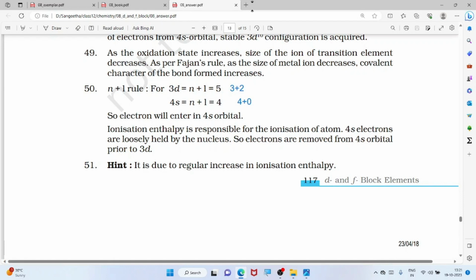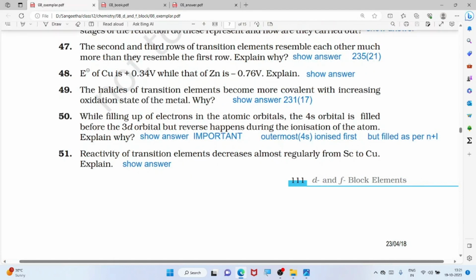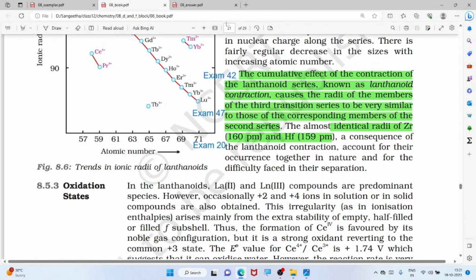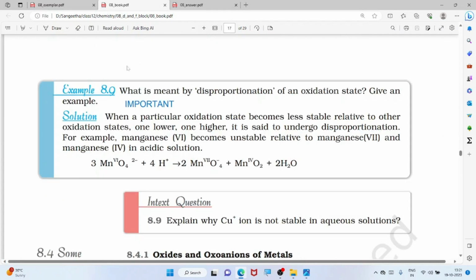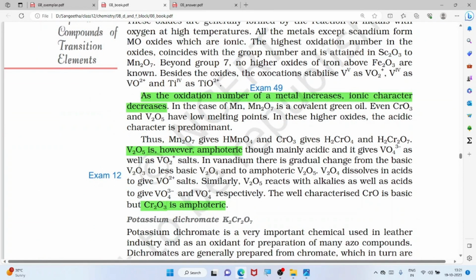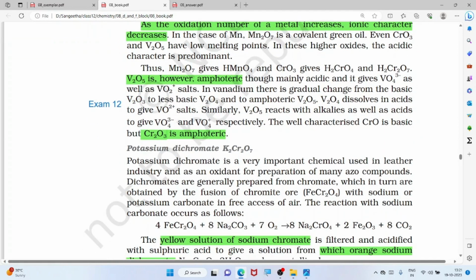As the oxidation number of the metal increases, the ionic character decreases. Okay.